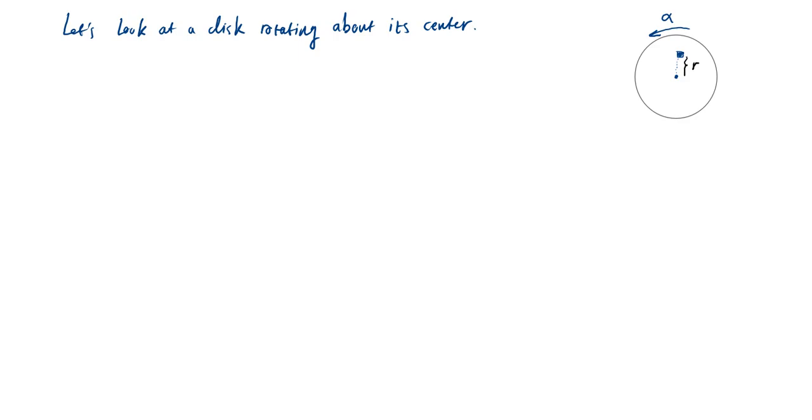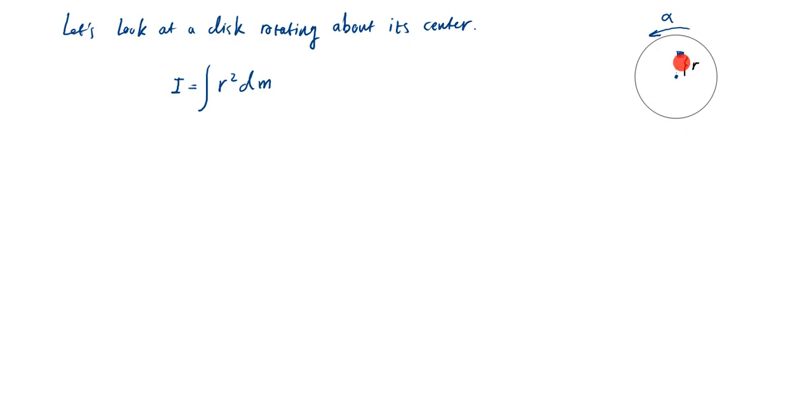So looking at a small element of the disk, I can define mass moment of inertia. Integral r squared dm. It's a second moment, distance squared times some function, and we integrate it over the whole mass.